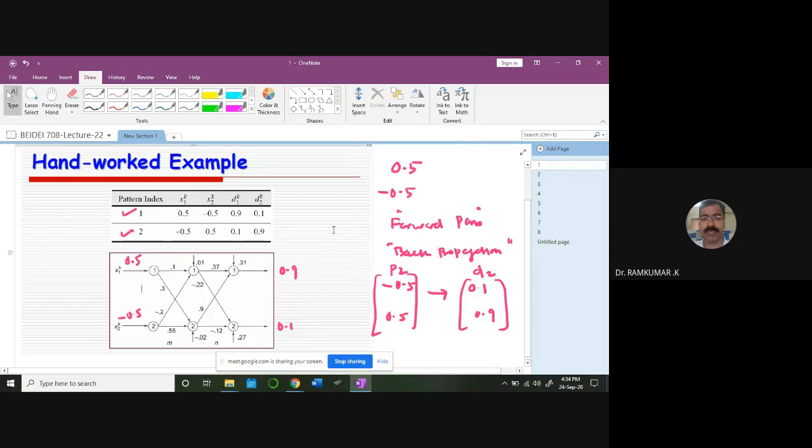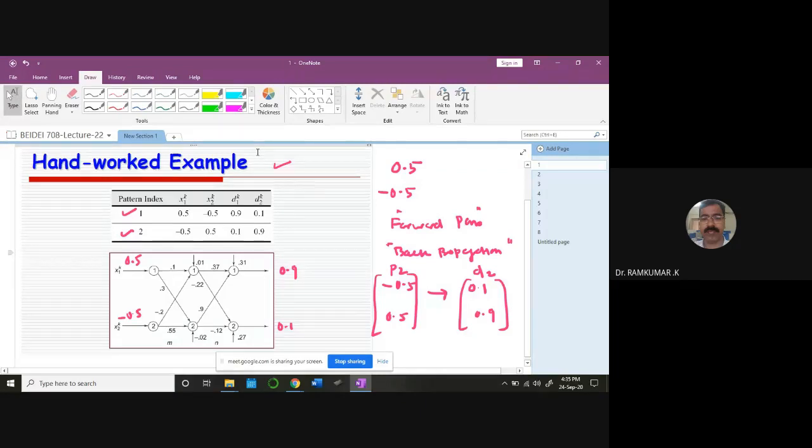Now the initial set of weights are given to you, including the bias weights. Clearly you can see it. There are weights in between, and you need to work out this hand-worked example on your own. So how do you solve it? Take a minute and think.